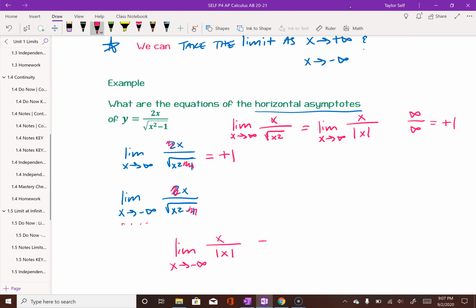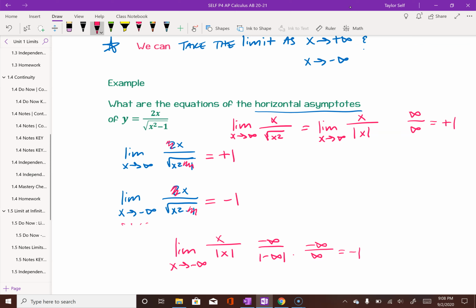AP graders are really picky about that. Negative infinity over absolute value of negative infinity. Let's visualize this. What would that equal? Well, this guy turns positive on the bottom. So we could say that turns into negative infinity over positive infinity. Negative over a positive equals -1. Okay. That limit is -1.